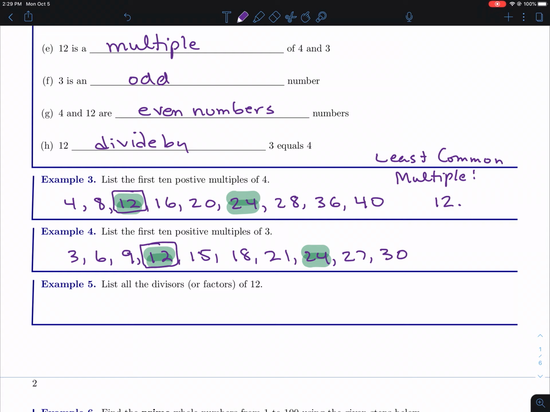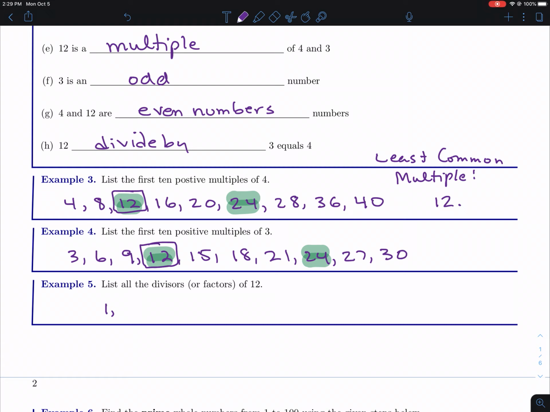So these are the things that divide into 12 evenly. So the thing to remember about this, and you don't have to write them this way, I like to think about them this way because it helps me not forget any, is whenever we're doing divisors, we're always going to have matched pairs that go together. So for example, 1 divides everything, so 1 should always be on your list when you're talking about divisors, or factors.